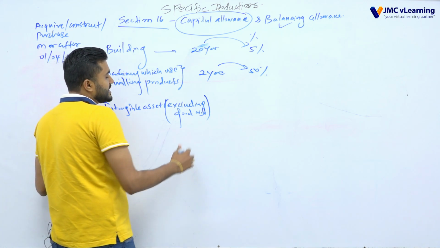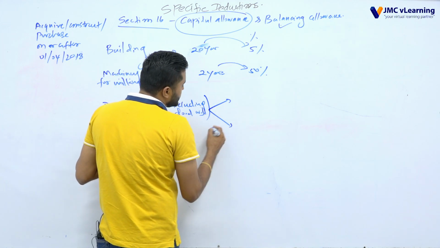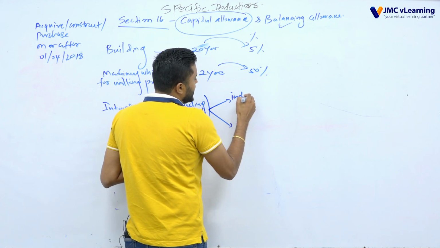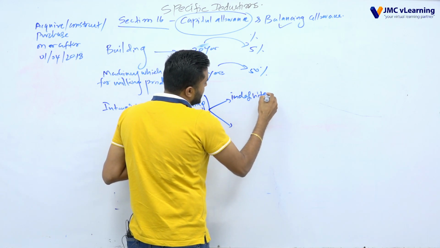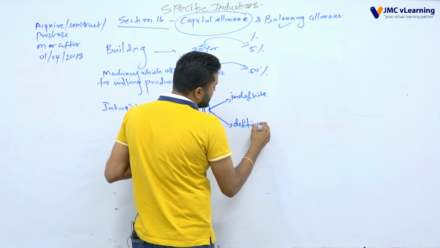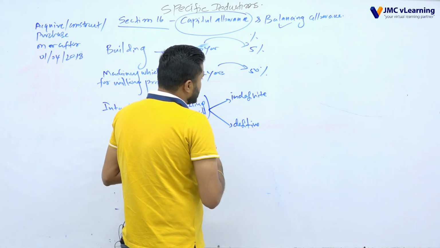For intangible assets, we can divide into 2. The useful lifetime is indefinite, or the other one is definite. If it is a definite useful lifetime, the examiner should give that.